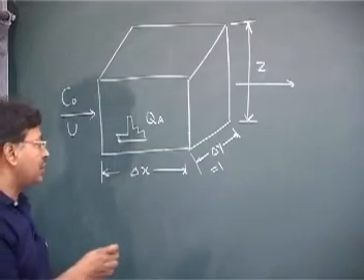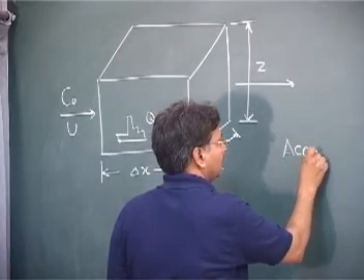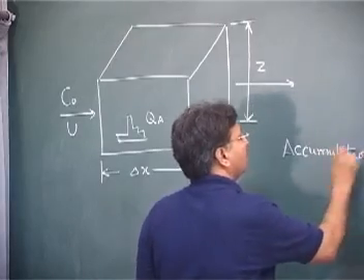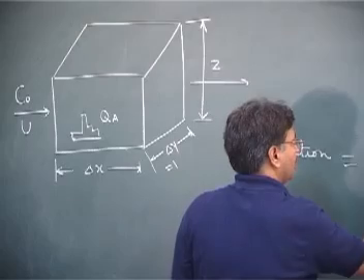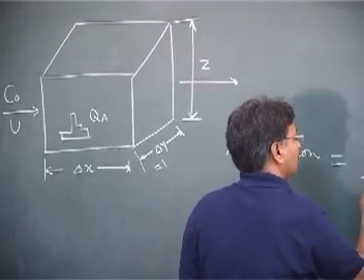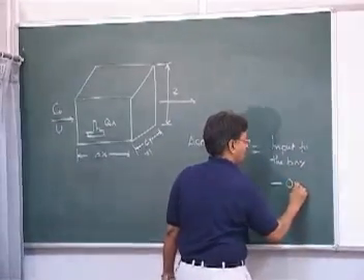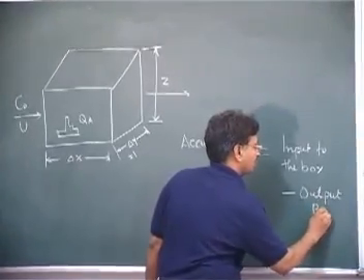So to find this out, what we said was accumulation in the box equals input to the box minus output from the box.